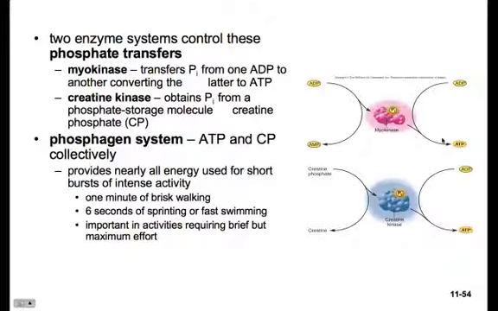In the creatine kinase system, we're obtaining the inorganic phosphate from this phosphate storage molecule called creatine phosphate. We take creatine phosphate, take the phosphate off it, and make ATP. We generate creatine and ADP. So now we have just a little bit of ATP available for immediate exercise.